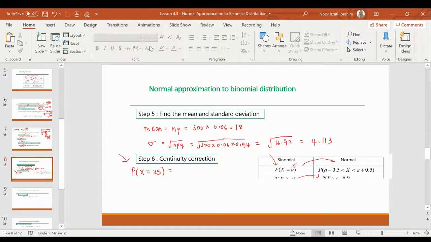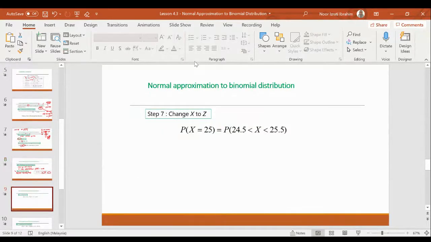To use normal approximation, we have to do continuity correction. It will be equal to probability when x is in between 24.5 and 25.5. How do I get this value? I use this minus 0.5 and plus 0.5. Once you do continuity correction, that means you already transform the discrete random variable to a continuous random variable.